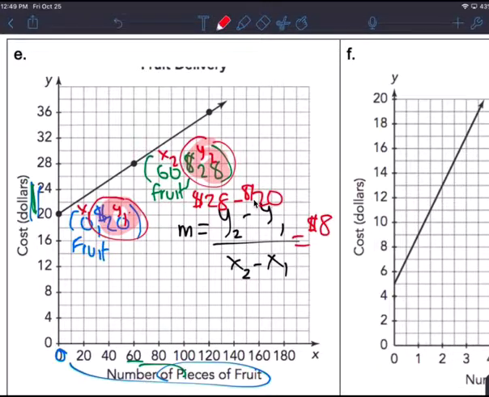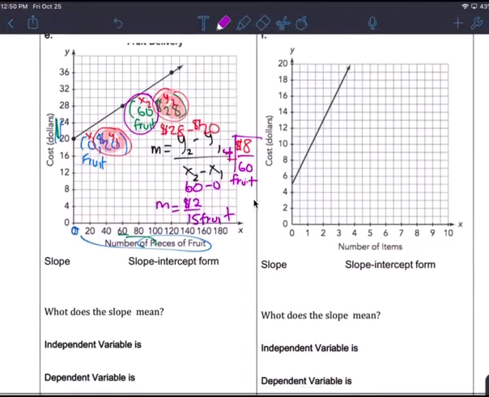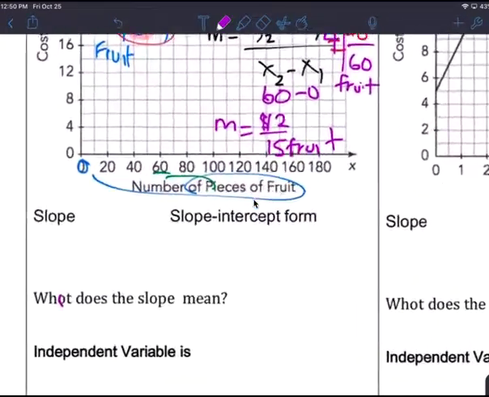X sub 2 is 60 fruit minus 0 fruit, you get 60 fruit. Divided by 4, M is $2 for every 15 fruit. That's what it means. It means $2 for every 15 fruits.